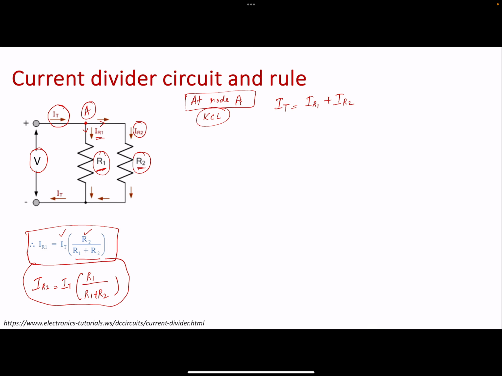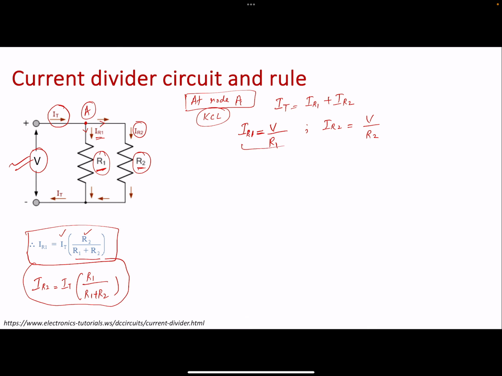So what is the value of IR1? IR1 by Ohm's law should equal the voltage drop. Both the resistances R1 and R2 are connected in parallel, and the voltage drop across both of them should equal the supply voltage V. So IR1 equals V over R1, and IR2 equals V over R2.